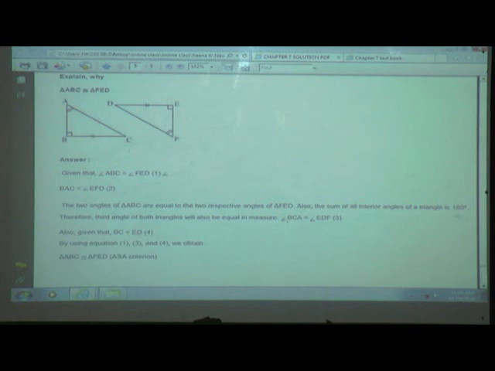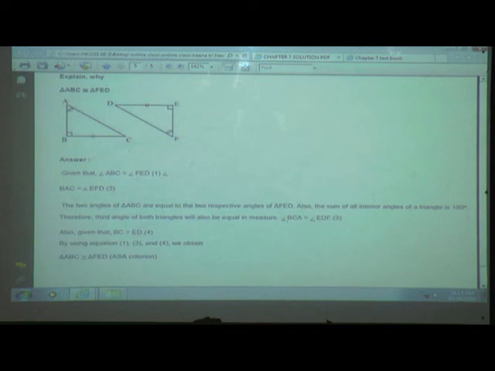This you know, the angle sum property. Therefore the third angle of both the triangles will also be equal, angle BCA is equal to angle EDF, because the sum of angles of a triangle is 180 degrees. So angle C is equal to angle D.